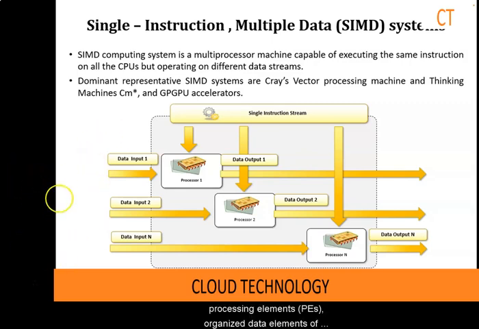Data elements of vectors A and B can be divided into multiple sets, and each processing element can process one data set. Dominant representative SIMD systems are Cray Vector Processing Machine and Thinking Machines (CM) and GPGPU accelerators.